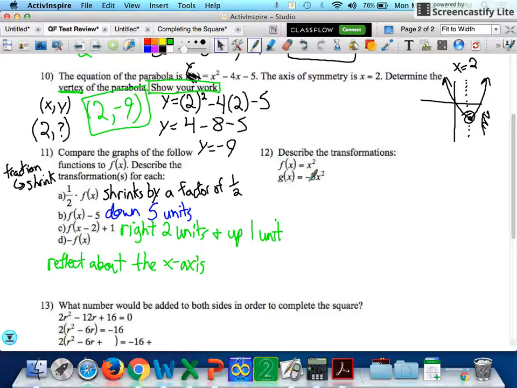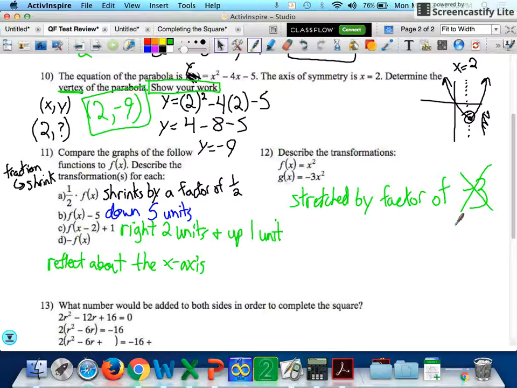Not only did a 3 pop up out front, but a -3 popped up out front. And this is where a lot of people are going to get this problem wrong. They're going to get the fact that that 3 stretches it, and that's good. But what they're going to tell me is it's stretched by a factor of -3. And that's not correct.